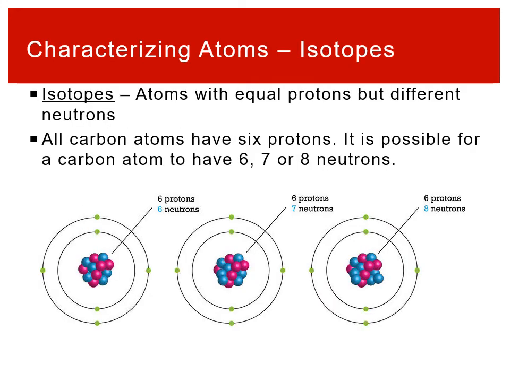With mass defined, we can now talk about what are called isotopes. These are atoms with the same number of protons, but a different number of neutrons. Equal numbers of protons means those are the same type of atom. They'd have the same name, but different neutrons means they have different masses.